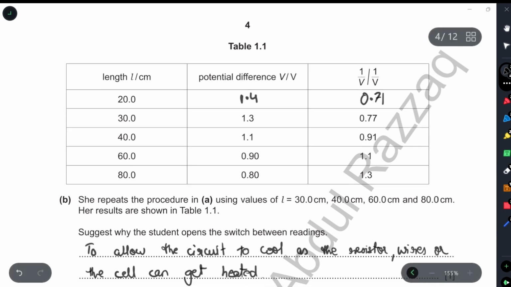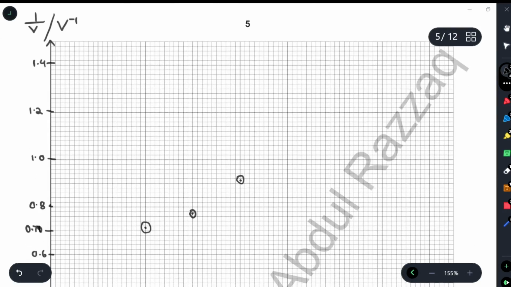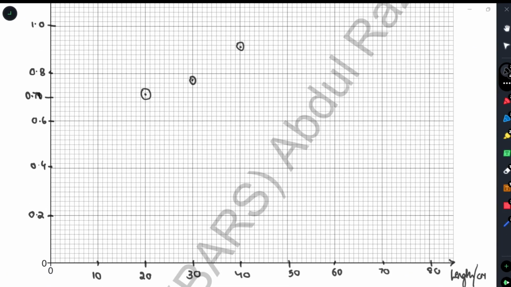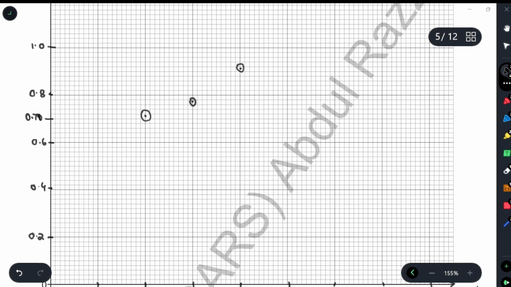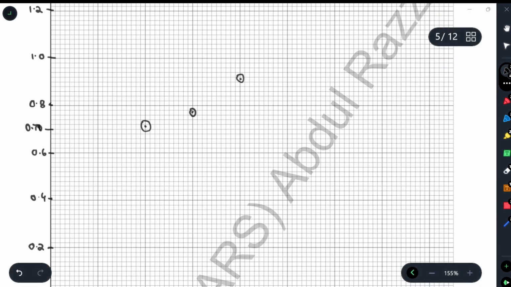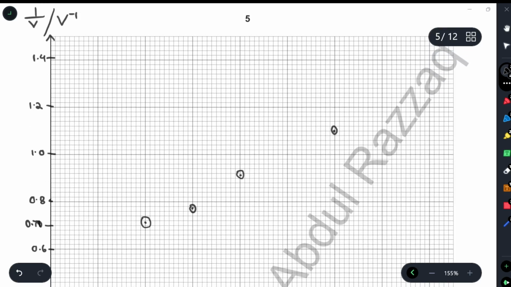At 60 we've got 1.1, so 1.1 would be somewhere over here. Exactly. And at 80 we've got 1.3, so 1.3 should be right here.